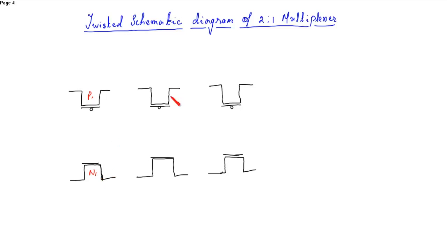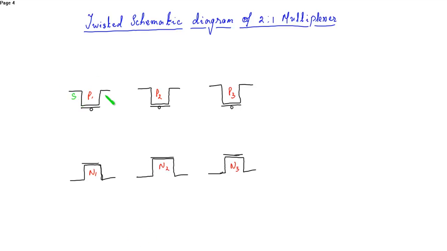So P1, N1, P2, N2. This is P3, N3. Similarly, we have the terminals.